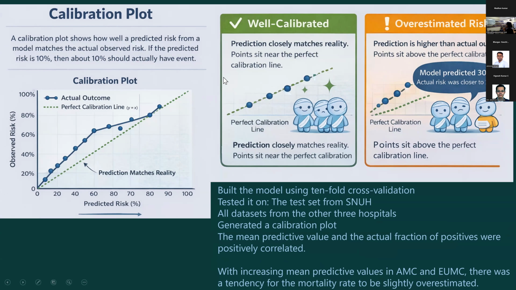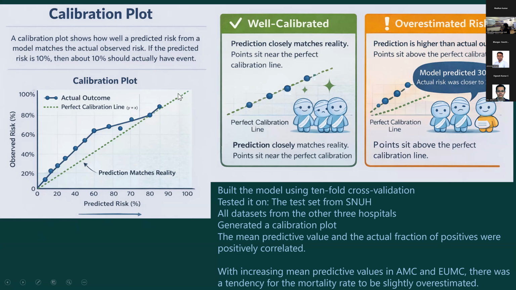A calibration plot shows how well the predicted risk from a model matches your actual risk. As we can see, this is a calibration plot which has predicted risk on the x-axis and the observed risk on the y-axis. This diagonal line has its slope close to 1.